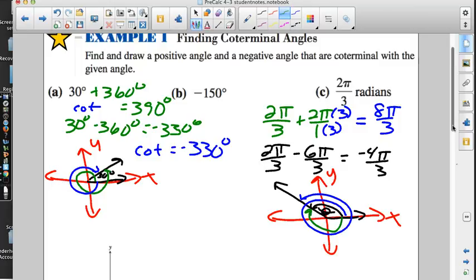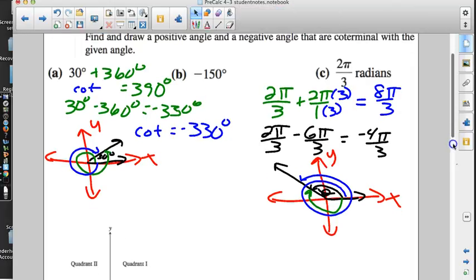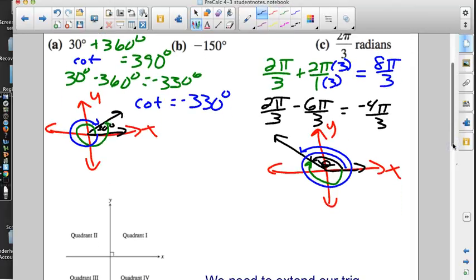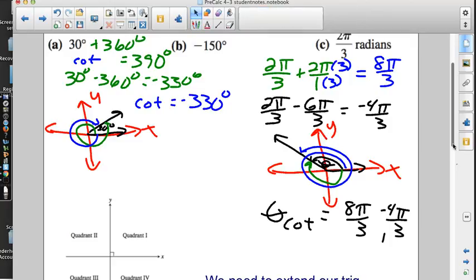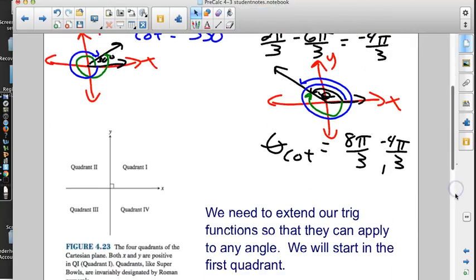And this time, since I put a theta in the middle there, for notation, we would want to do theta coterminal, 8 pi over 3. And then I could probably just use a comma to separate it. And negative 4 pi over 3. Because that's the way your book kind of lists them out in a row. All right, so that's stuff we've been doing, just finding those coterminal angles.